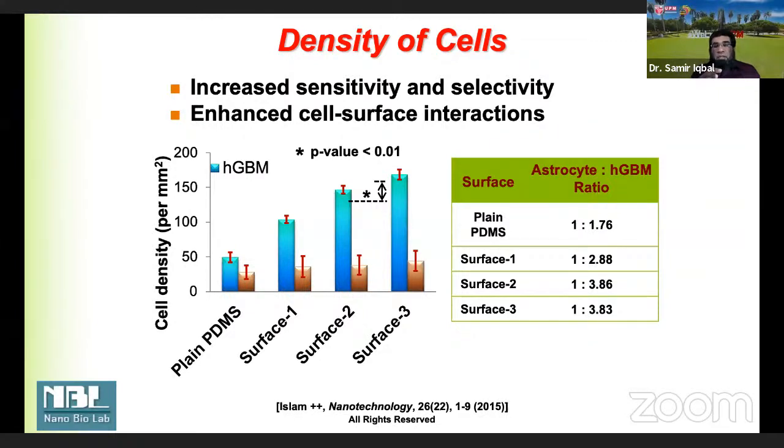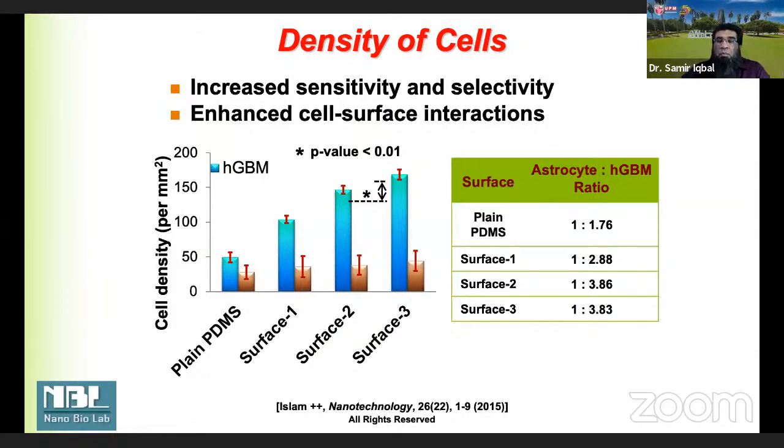So the data shows that the efficiency of binding increased. In this case, from the background, which is the normal cells, we can increase it by 5 times, almost 4 times from that. And that's statistically different.